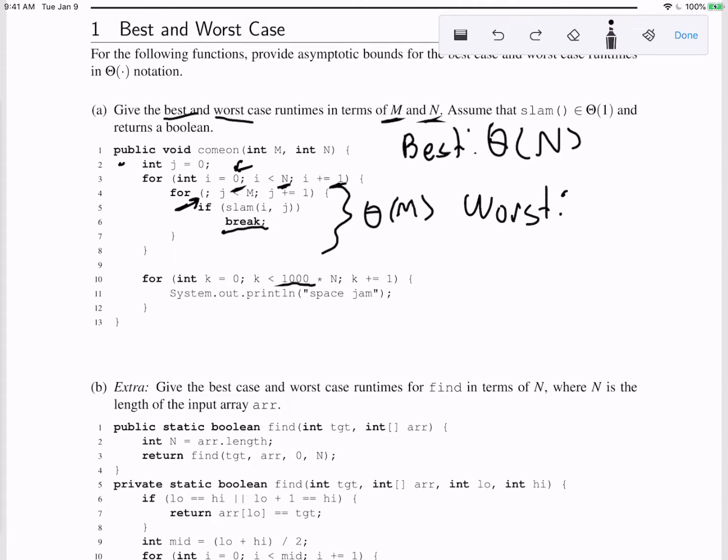Because we're starting from j equals 0, incrementing j by 1, and we're not going to stop until j is greater than or equal to m. So that's going to run m times, but only for the first iteration of i. The next time, we're not going to reset j to 0 because that is done on line 2. So actually, only for the first iteration, when i equals 0, will the loop on lines 4 through 7 do anything.